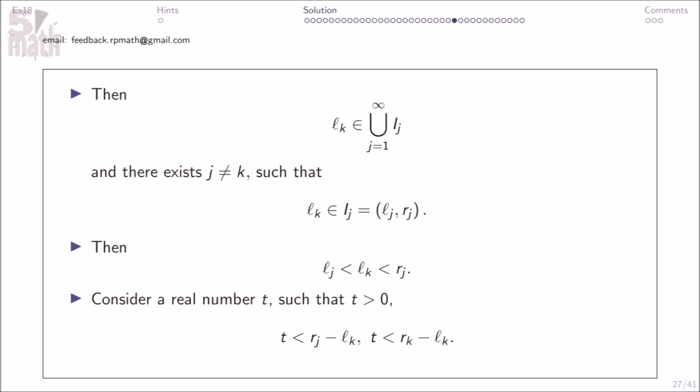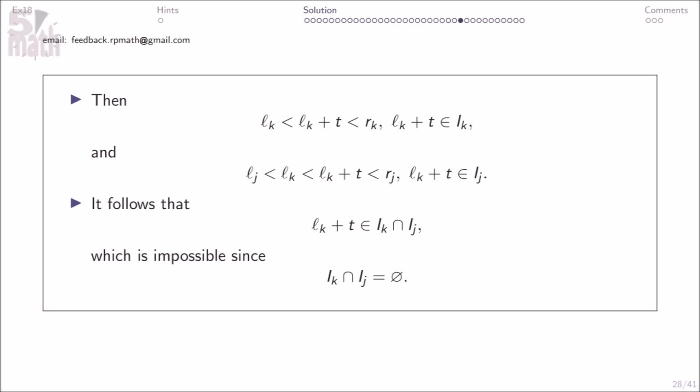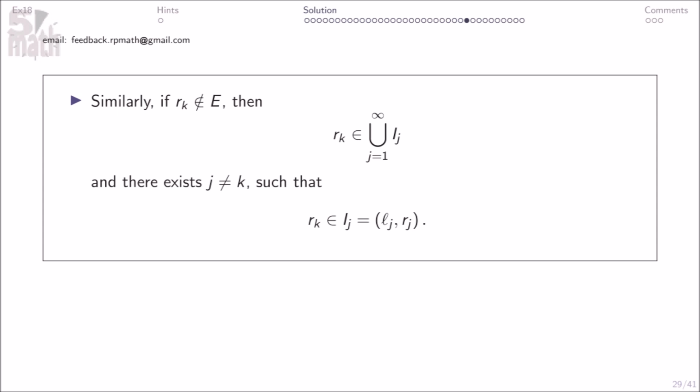Consider a real number t such that t greater than 0, and this. Then this and that. It follows that this, which is impossible since this. Similarly, if I of k not an element of E, then this, and there exists j not equal to k such that this.